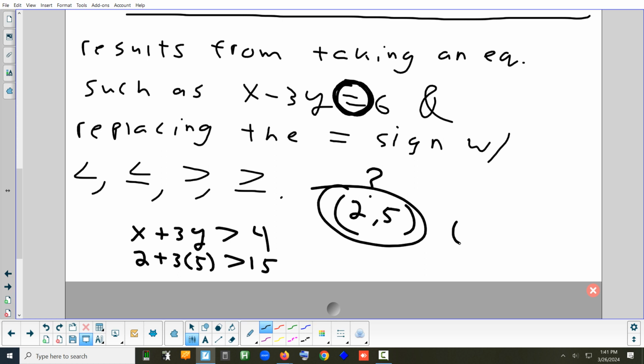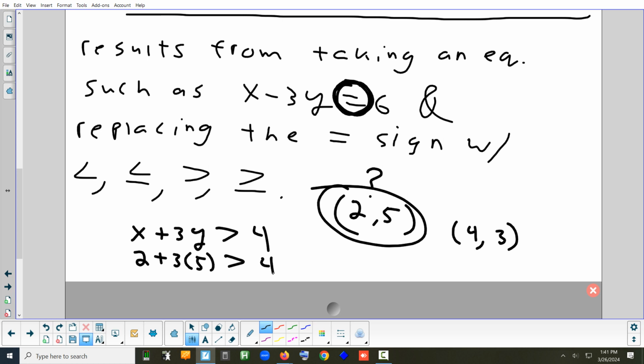Let's check this one. Let's check 4 and then 3. What's X now? 4. And what's Y? 3. All right, let's try it here.